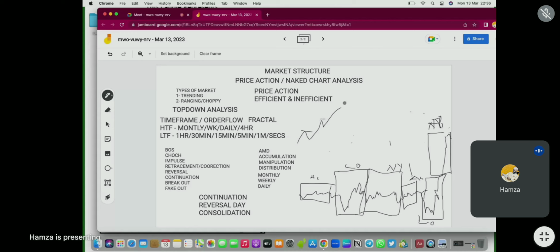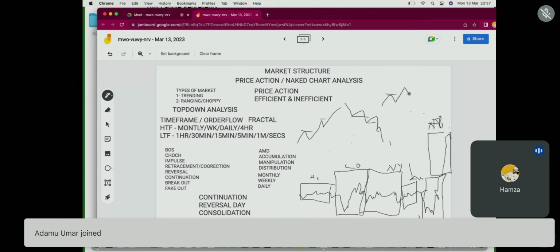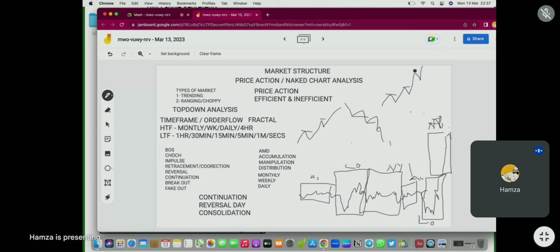If a market is in a downtrend, whenever we break a previous low, we say we had a BOS. So this is a BOS, break of structure.